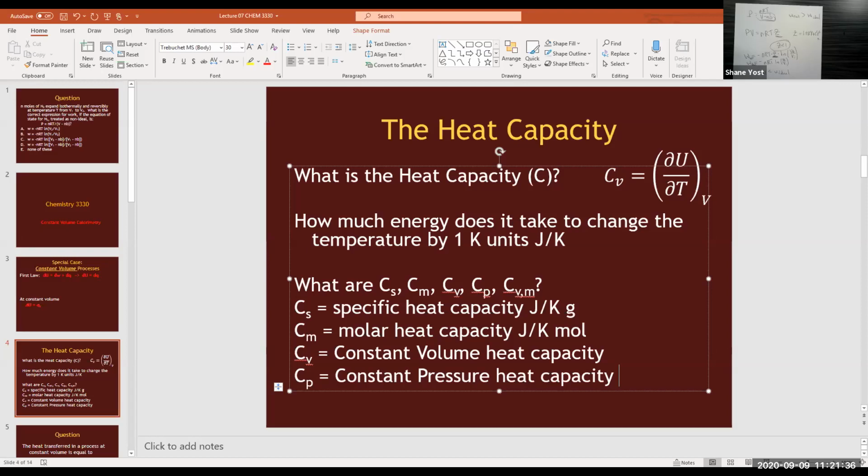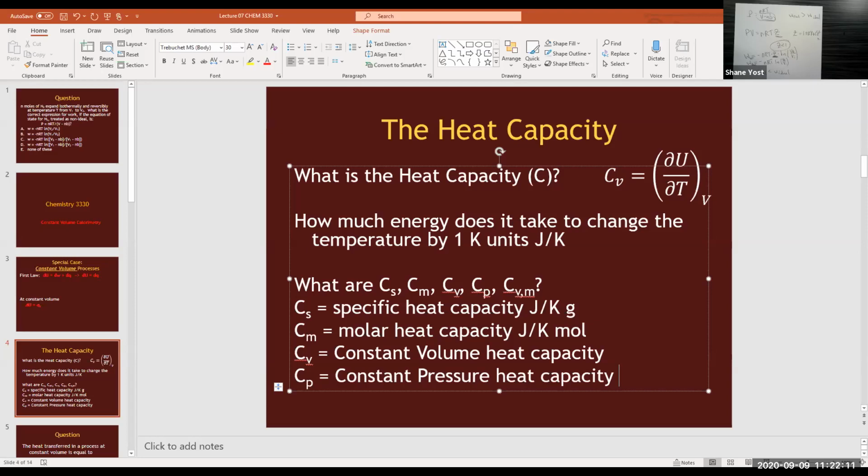And it's because for CP, some of the energy you're putting in to raise the temperature is going towards work. It's going towards expanding the gas, changing its volume, right? Because you're heating it under constant pressure conditions, not constant volume conditions, right? And so for gases, CV and CP have a big difference, okay? Right, and then CVM is molar constant volume heat capacity. CPM would be the molar constant pressure heat capacity, right?